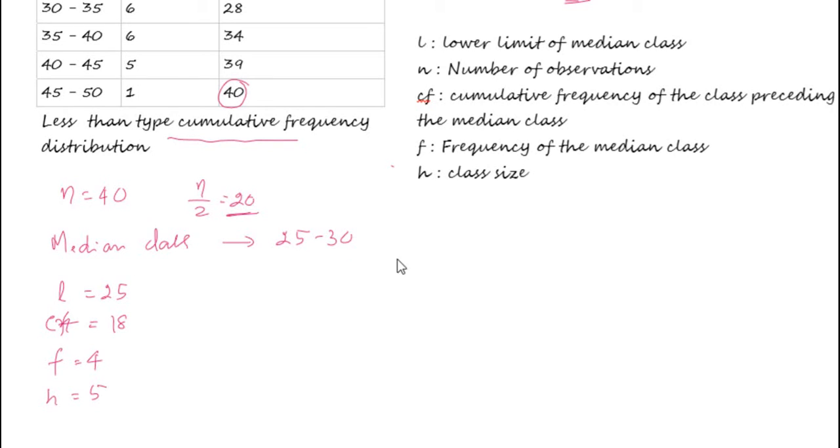So median equal to L plus (n by 2 minus CF) divided by F, entire thing to be multiplied by H. So L is 25 plus n by 2.